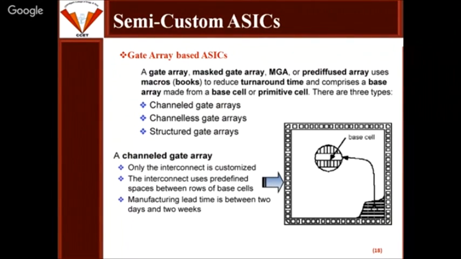When placing the devices, we also provide some space for the routing, which is termed a channel. The channel can be a box type of channel, or 2D and 3D channels. Manufacturing lead time is between 2 days and 2 weeks in this case. Almost the same time applies to all the different gate arrays.